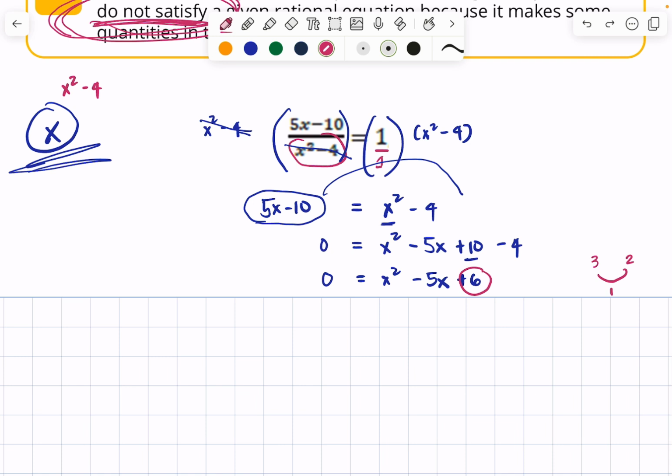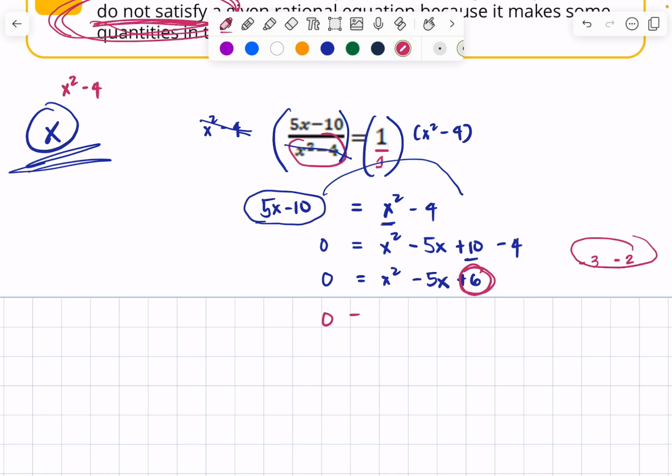So, you're going to change the signs of your factors. Let's try negative 3 and negative 2. If we multiply negative 3 and negative 2, the answer is positive 6. And then if we add negative 3 and negative 2, the answer will be, okay, that's right, negative 5. So we're going to use these values as our factors.